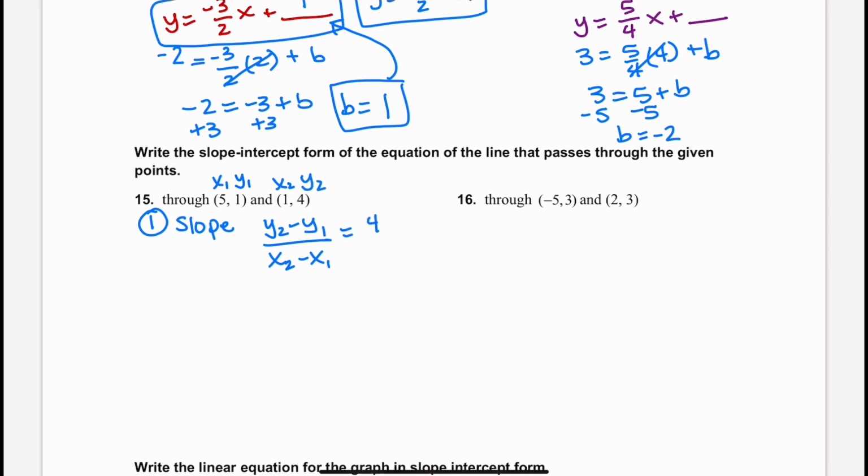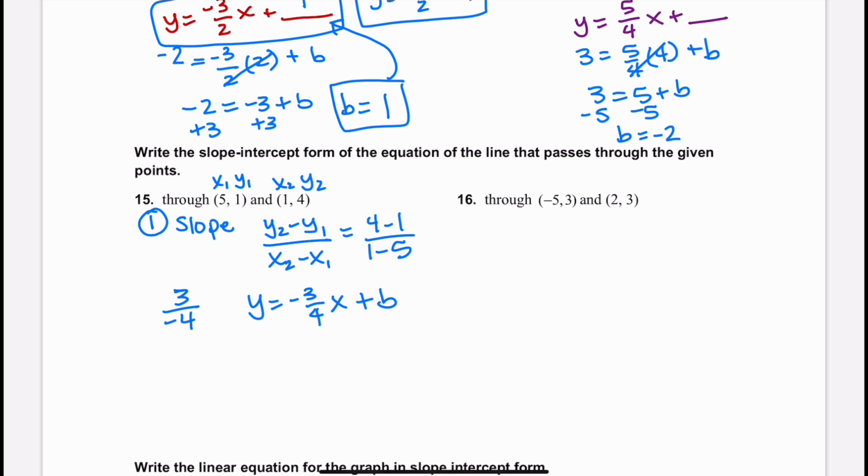Which gives us 4 minus 1 over 1 minus 5. This gives us a 3 over negative 4. So that would be our slope. We're going to take our y equals m, which is negative 3/4 x plus b. Now, I can use either point. I can use this point or this point.